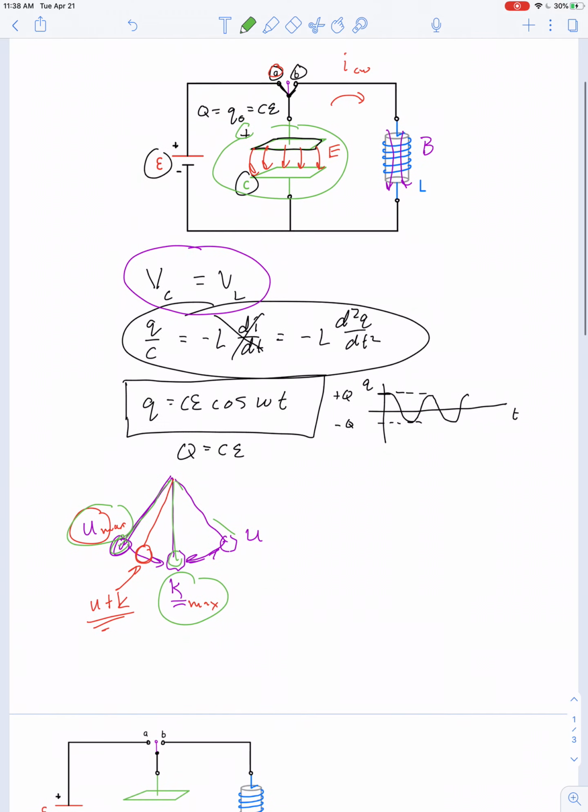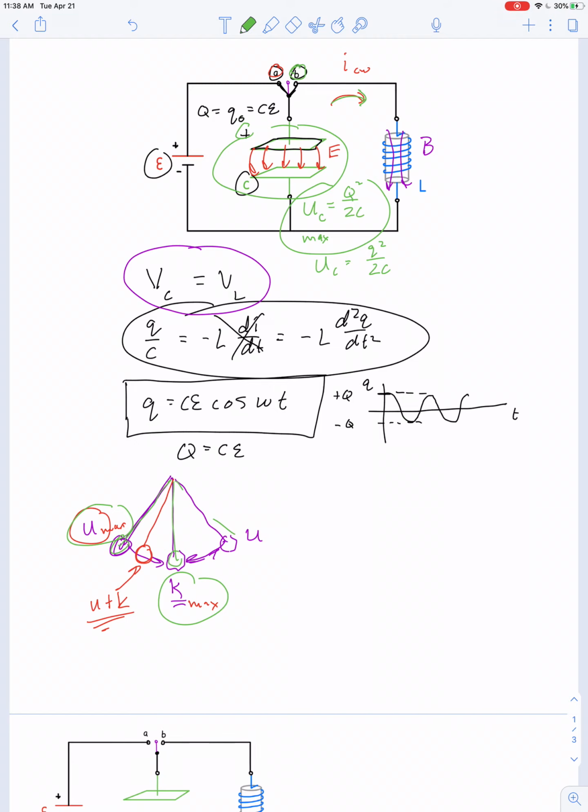At some point, right when the switch is first thrown into position B, the energy is all in the capacitor, and energy in the capacitor at its maximum value is equal to the maximum charge squared divided by 2C. Now, if it's not the maximum value, then the energy in the capacitor is lowercase q squared over 2C if the charge has started to become a little bit less as the current flows through the inductor.